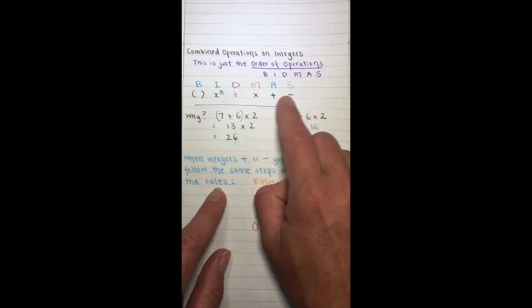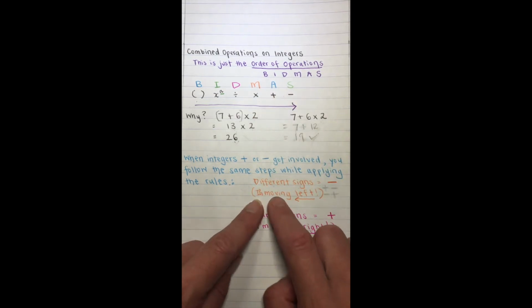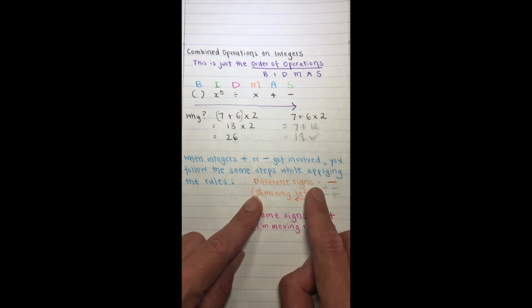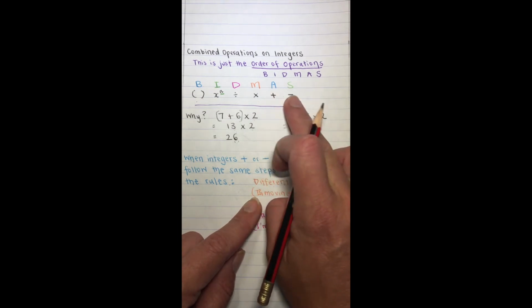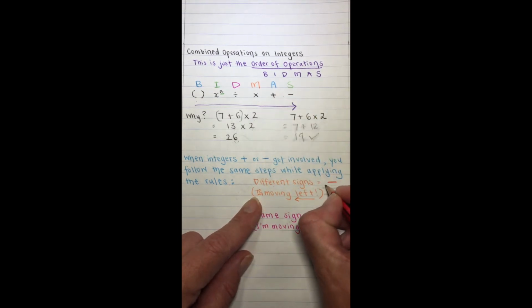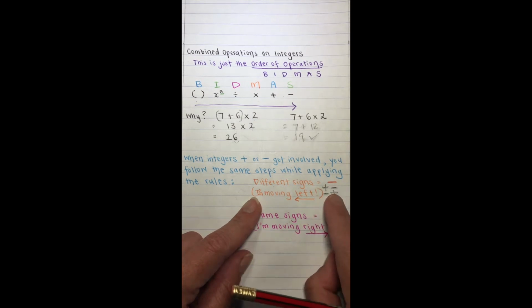So I'm going to start here with addition and subtraction. Just a little reminder, different signs equal negative. We're moving to the left, because when I'm moving to the left with addition and subtraction, I might be increasing a debt, or I might be decreasing an asset. That's if I'm adding a negative or subtracting a positive.